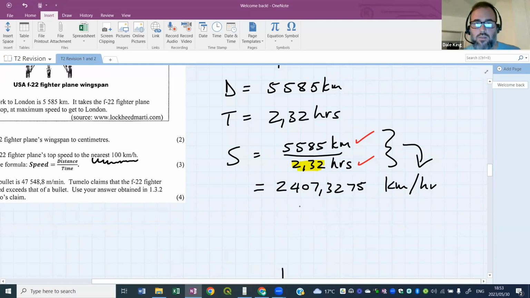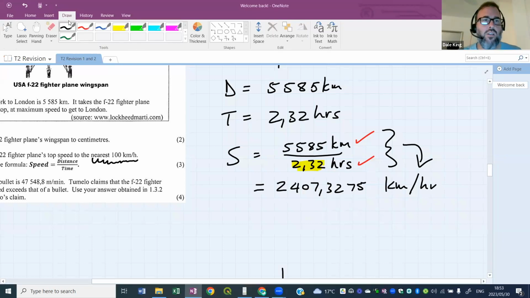We are not done yet, because the question said you need to round this off to the nearest 100 kilometers per hour. Now, where are the hundreds of kilometers per hour? These are the units. These are the tens. These are the hundreds. These are the thousands. We just want the hundreds, which is this 4.